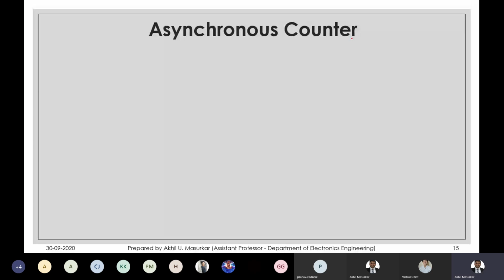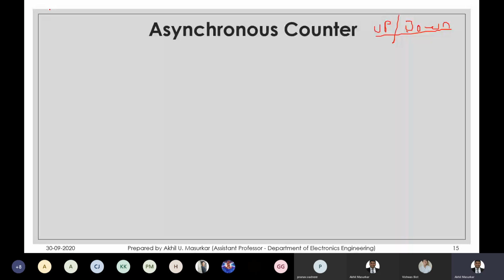Now, sometimes in the same application, we may have to count up as well as down. And in such applications, we need to have both functionalities.